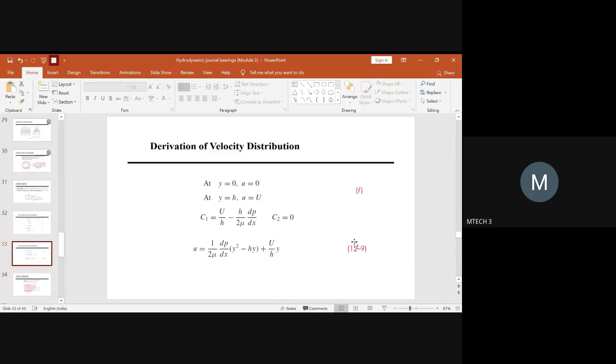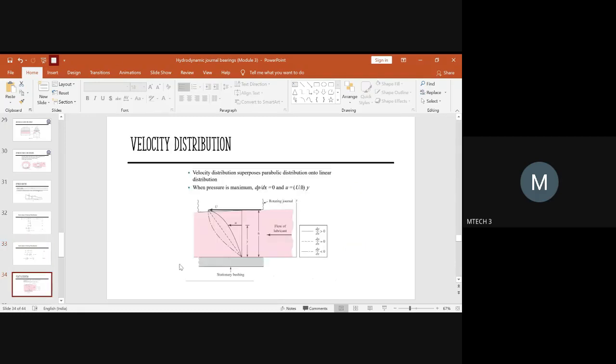Once the velocity distribution equation is done, we can go for Reynolds equation. Before that, you should just understand the values here, how the velocity distribution works. Here you will be having the rotating journal, and this will be the speed with which it has been revolving. And you have a stationary bush.